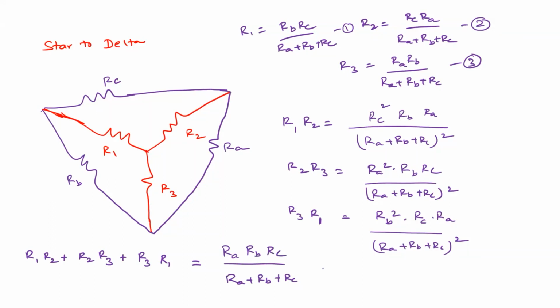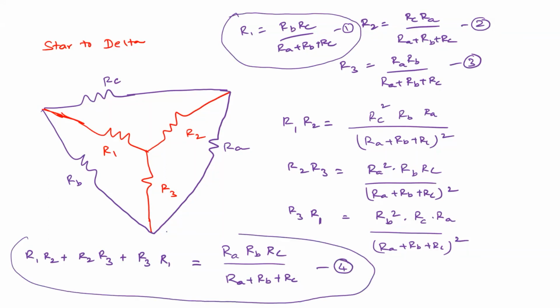Clear? So we have some equations for this one. If you clearly observe this equation and this one, how do we get RA from these two equations?